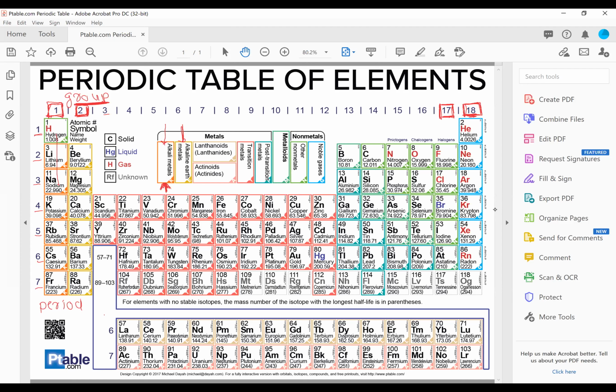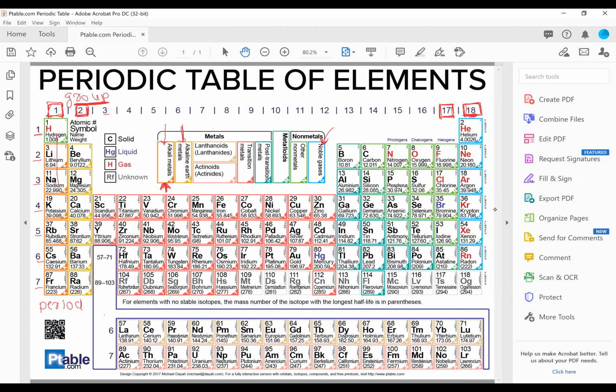Group number 18, the last group, is called noble gas. Why do we call it noble gas? Because those are the ones which do not like to react or form any compounds. They are just happy with themselves only. They don't like to interact with other elements.